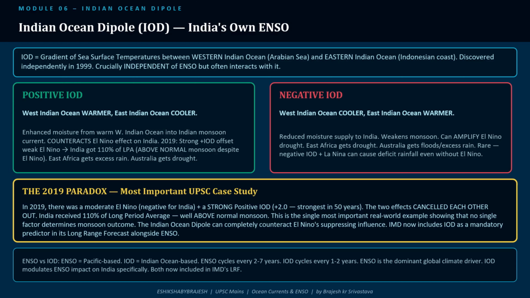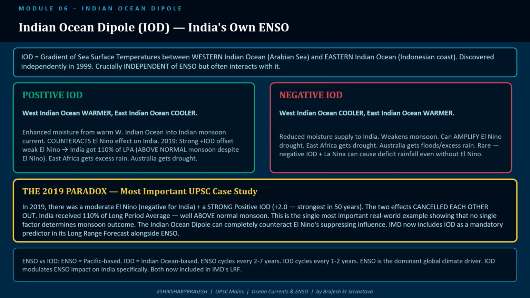But simultaneously there was a very strong positive IOD, the strongest in 50 years, with an index value of plus 2.0. The warm Western Indian Ocean was pumping enormous moisture into the monsoon circulation. The two effects cancelled each other out. India received 110% of the long period average, an above normal monsoon despite the presence of El Nino.